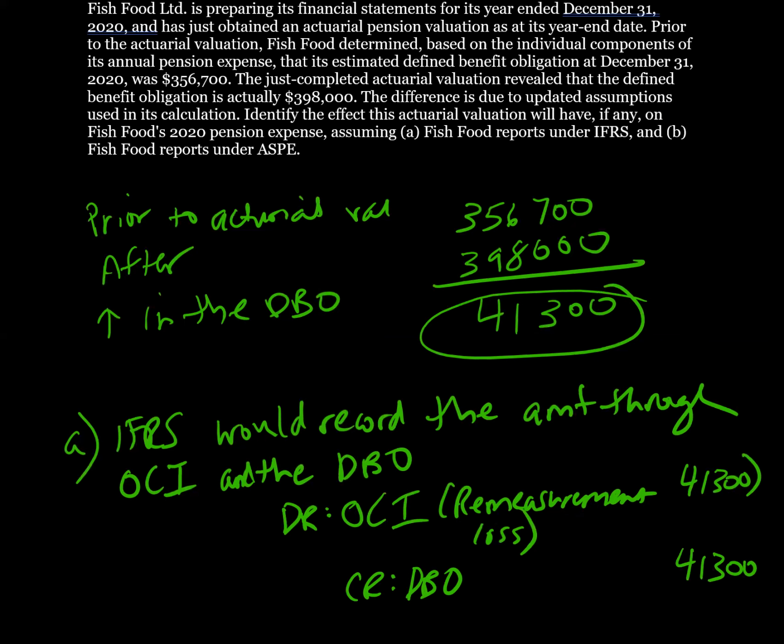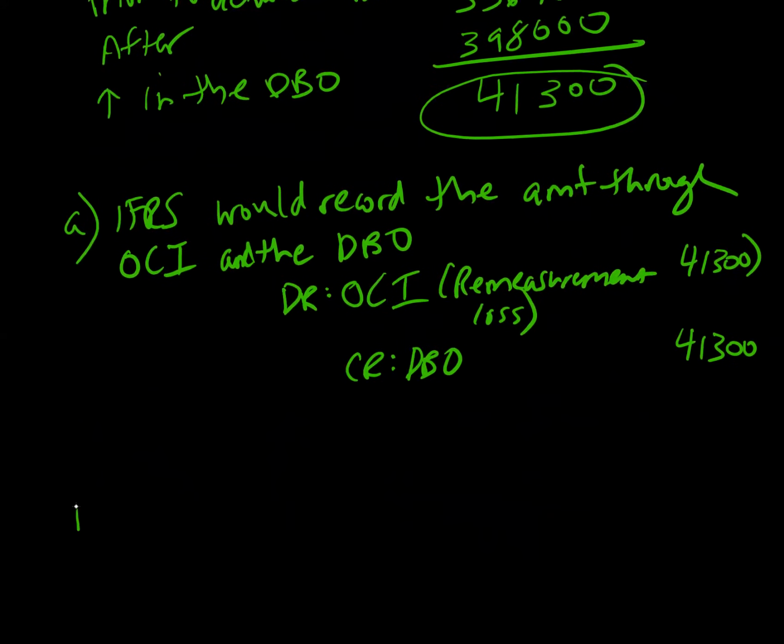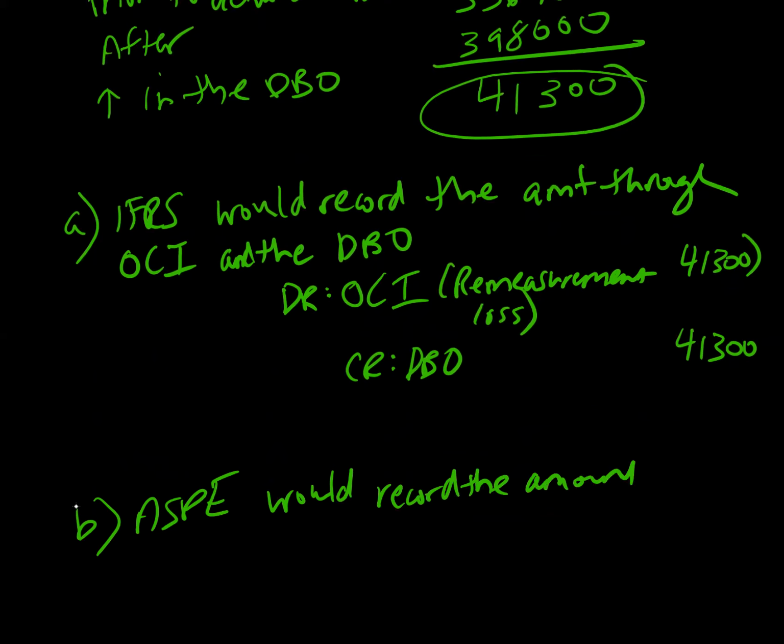Under ASPE, which is B, ASPE would record the amount through pension expense. There's no OCI under ASPE. Through net income, through pension expense, and increase the DBO.